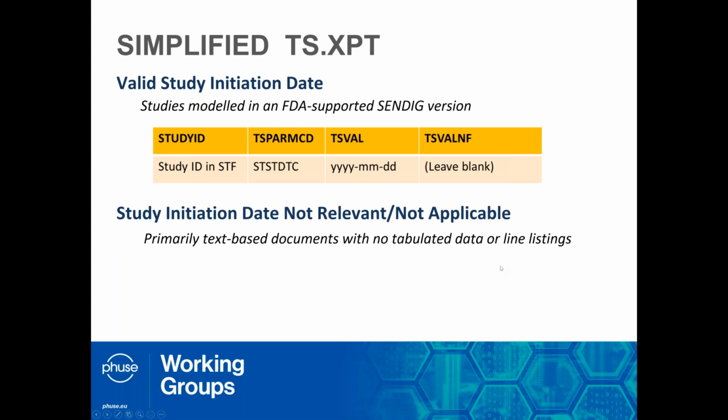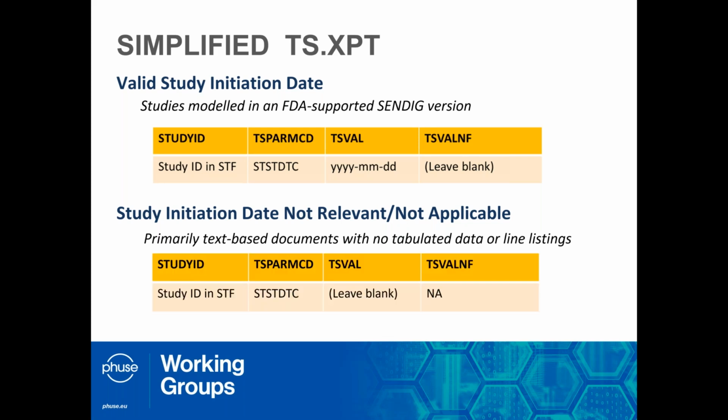There are also submissions when a study initiation date is not relevant. For example, a carcinogenicity risk assessment, which is primarily a text-based document and doesn't have any tabulated data or line listings. So this is what your simplified ts.xpt would look like, very similar to the other, except that your TSVAL field is blank, and in TSVALNF, you would include NA.